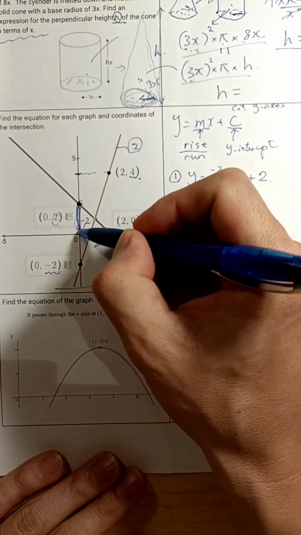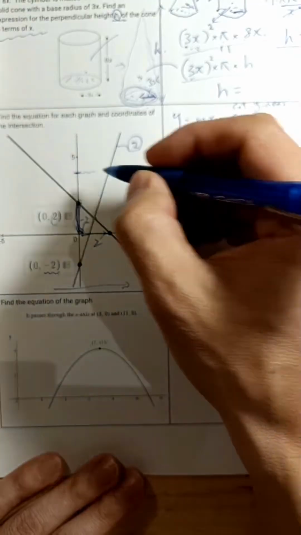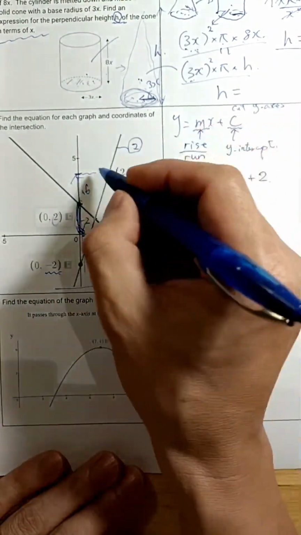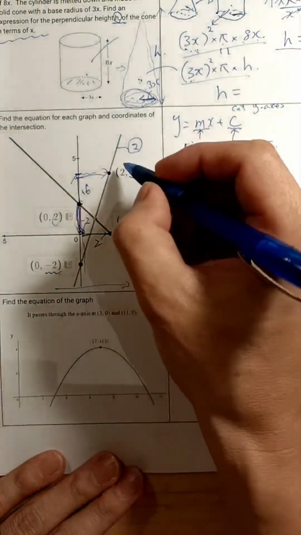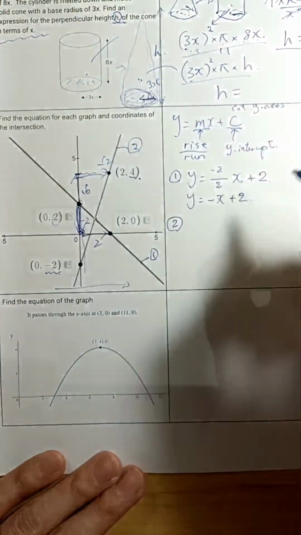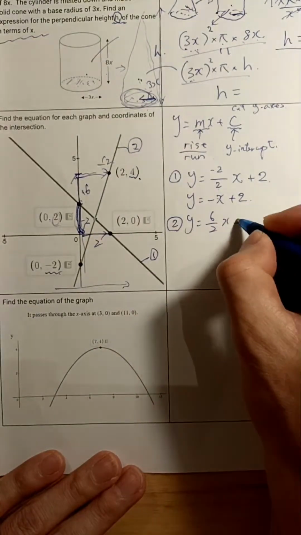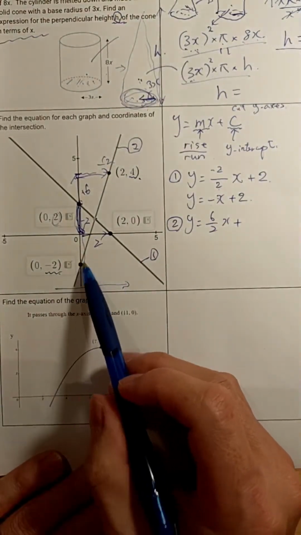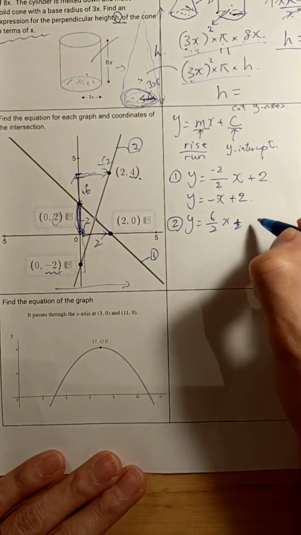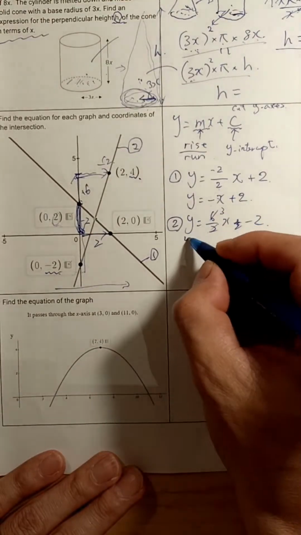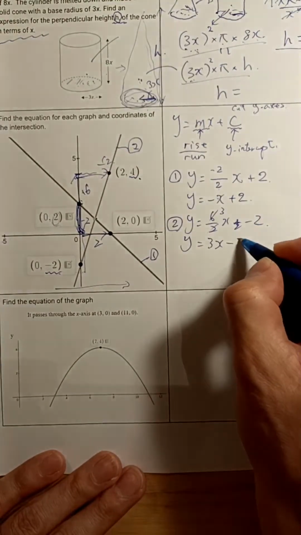From here to here is 2, from here to here is 4. So 6, isn't it? 6 rise, and then run by, this is also 2. So 6 over 2, y equals 6 over 2 x plus minus 2, isn't it? So if you simplify this one, y equals 3x minus 2.